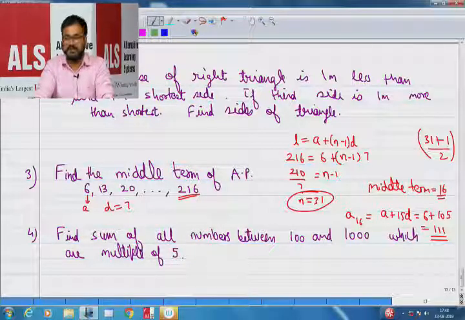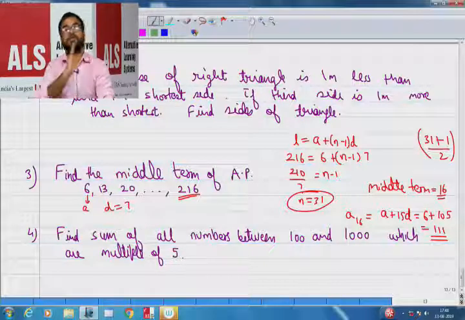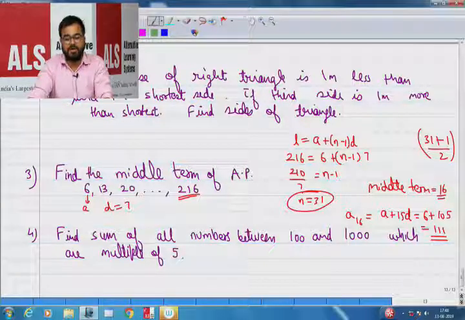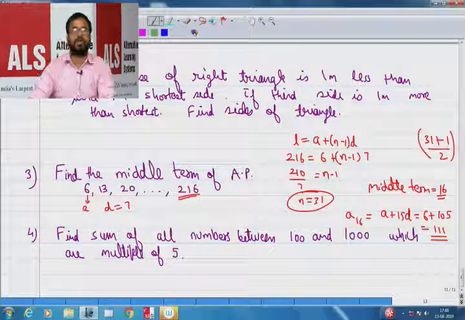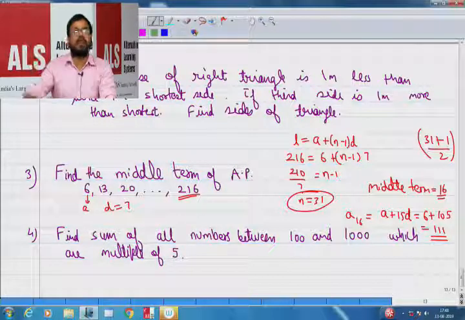No, that is not the right answer, Itanagar. We have to find the sum of all the numbers between 100 and 1000 which are multiples of 5, starting from 105 till 995.